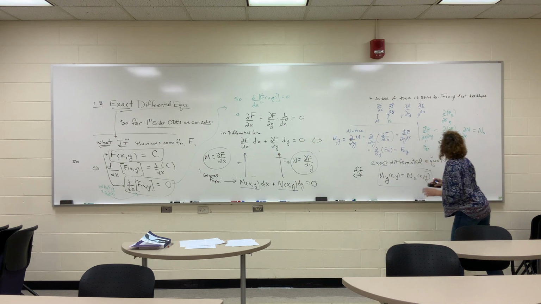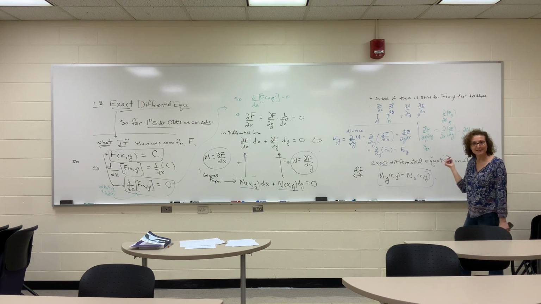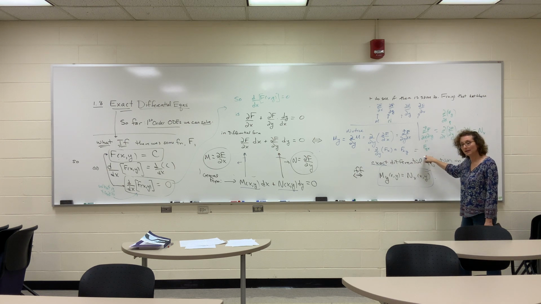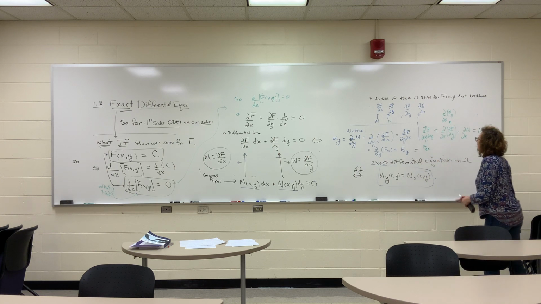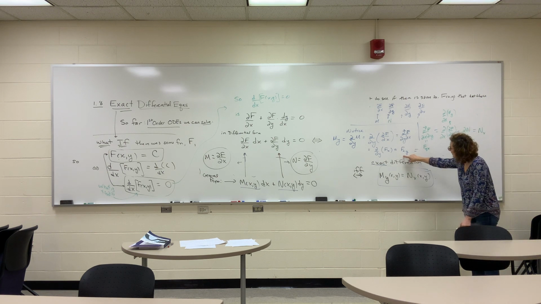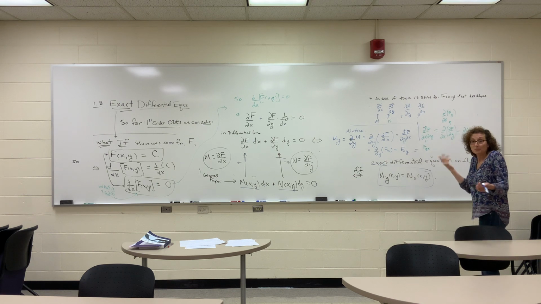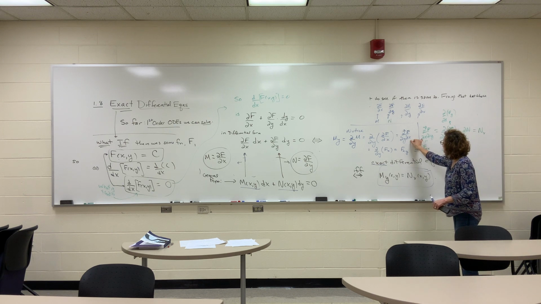If you've had Calc 3, you know that as long as things are nice and continuous, then mixed partials are equal. If we have continuity, then we have equality of mixed partials. It doesn't matter what order you take those derivatives. That's one of the beautiful things in Calc 3, that if I want to think about these two guys, I can take those derivatives in either order.